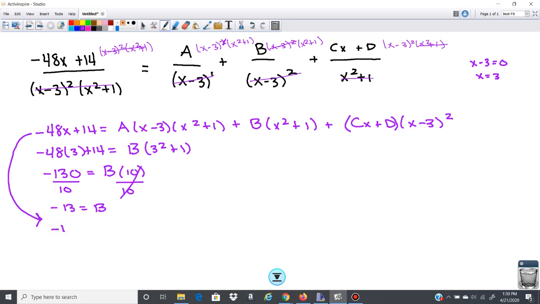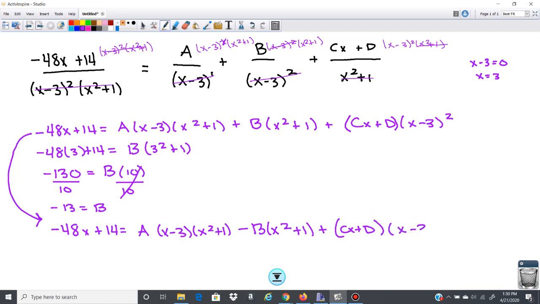So I have negative 48x plus 14 equals A times x minus 3, x squared plus 1. B is negative 13, so minus 13 times x squared plus 1, plus Cx plus D times x minus 3 squared.